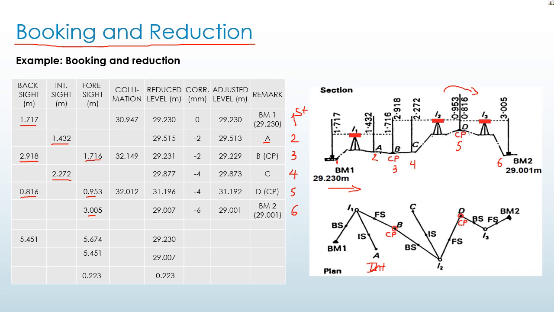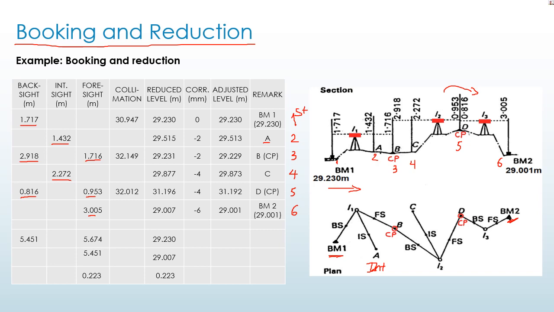Again, an intermediate sight reading is the only reading you have for that point, and it's not the benchmark as well. It's not the first reading of your leveling run at the benchmark. It's not the last reading of your leveling run. It's the points in the middle of the leveling run, where you only take one reading.